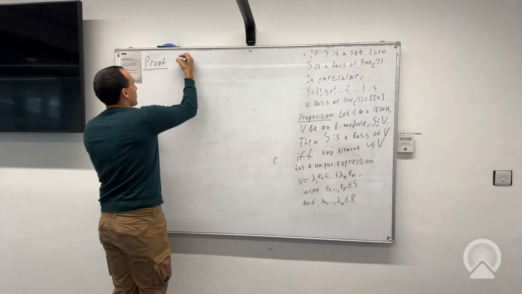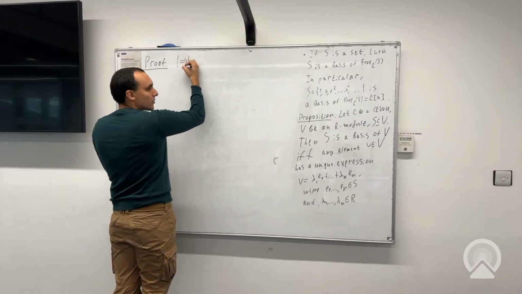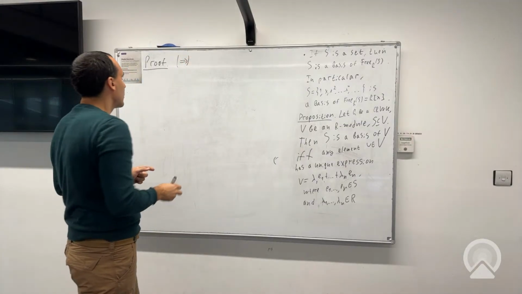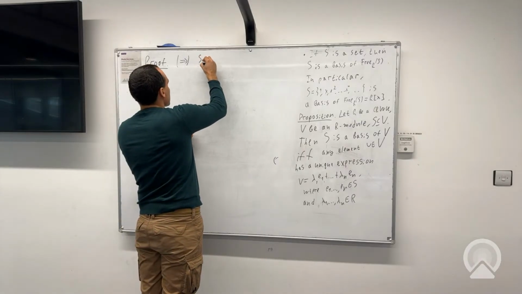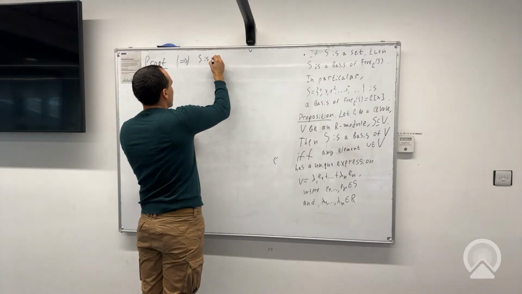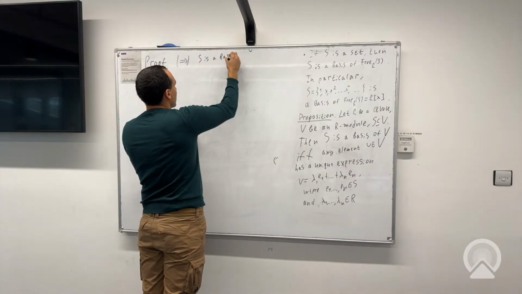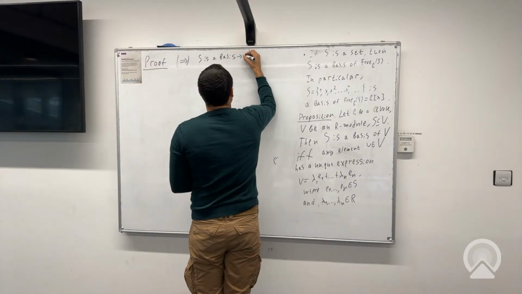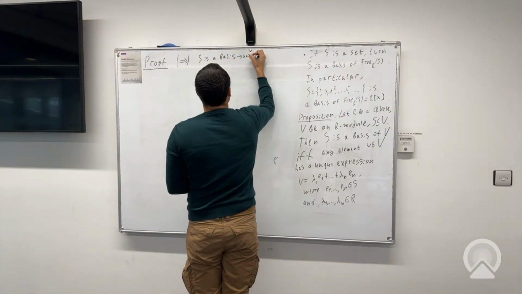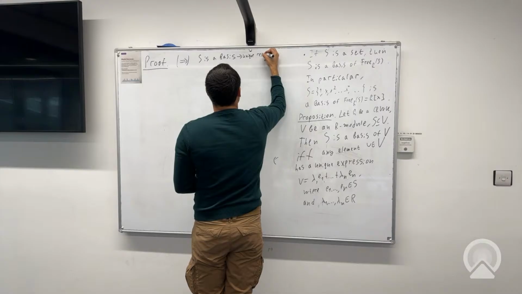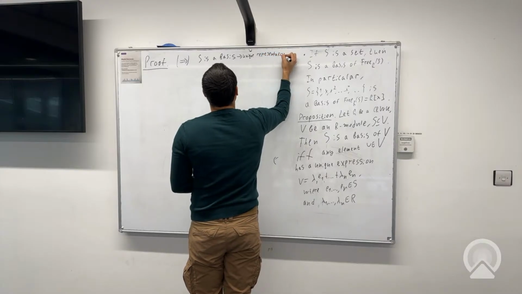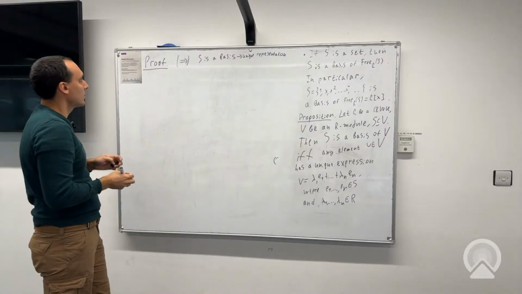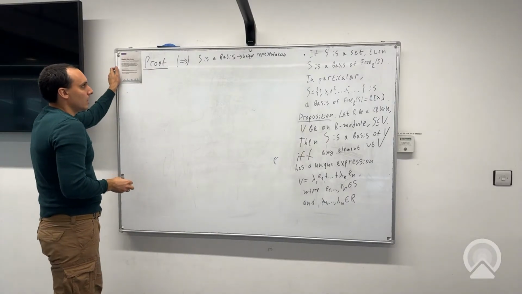First we prove that if S is a basis, then there is a unique representation. This is the first part.